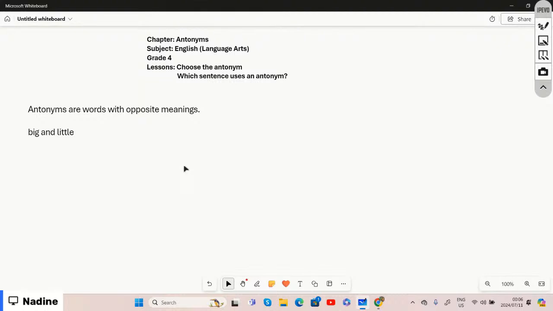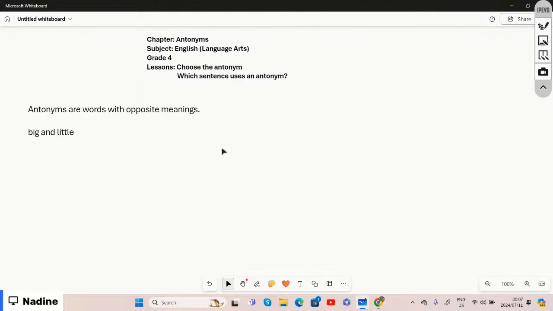Synonyms are different words that have the same meaning or almost the same meaning, like dad and father, mom and mother. Now we are going to antonyms.